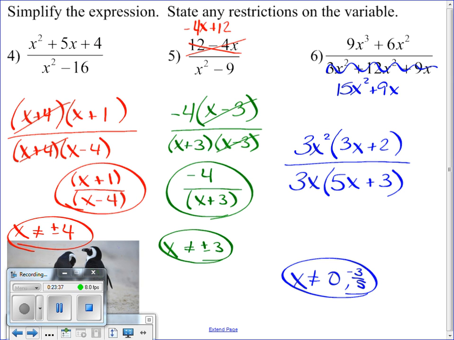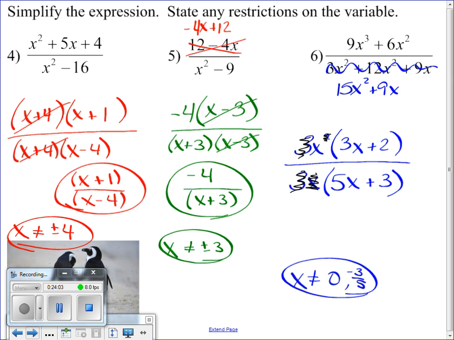I'm going to go real quick. Can I piece out the 3x and the 3x squared up here? Are they held with plus or minus? They're not held with plus or minus. I can piece those out. So like the 3 and the 3s, I can cancel those. I can cancel this x. There should just be one x left on top. Anything else? No?